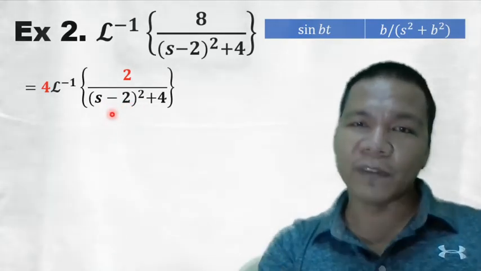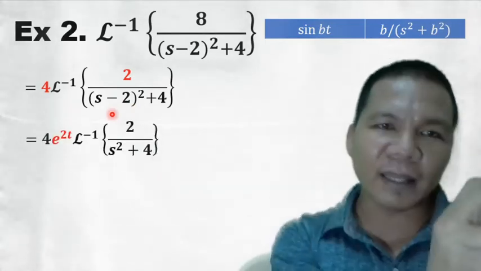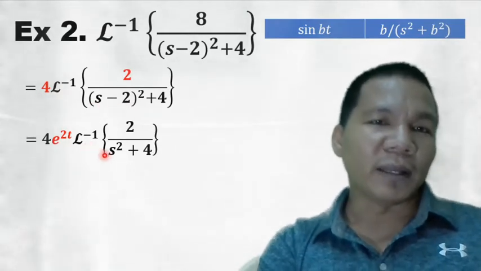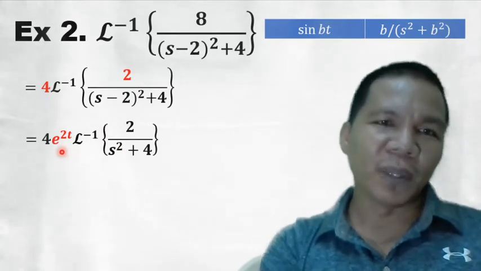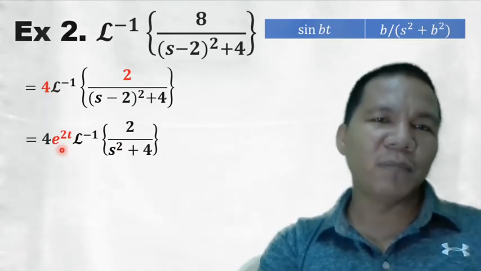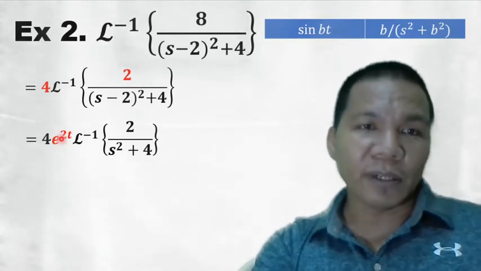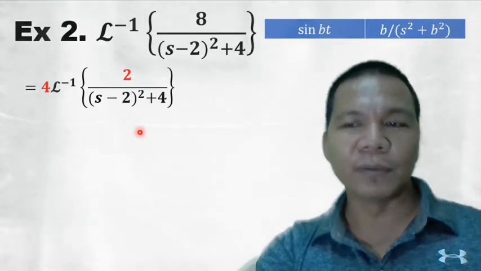So if you have shifting in the s domain, meaning to say, if you are going to take that out, the shifting value, which is equal to 2, that is equivalent to exponential function. That is the exponential function of 2t. Take note, if I'm going to insert the exponential function, it will become s minus 2.